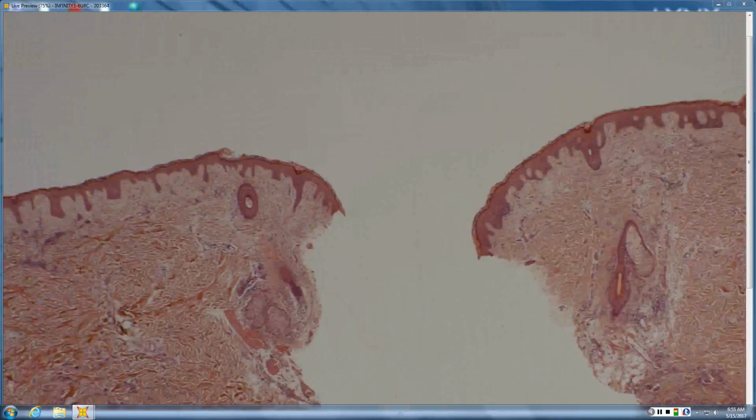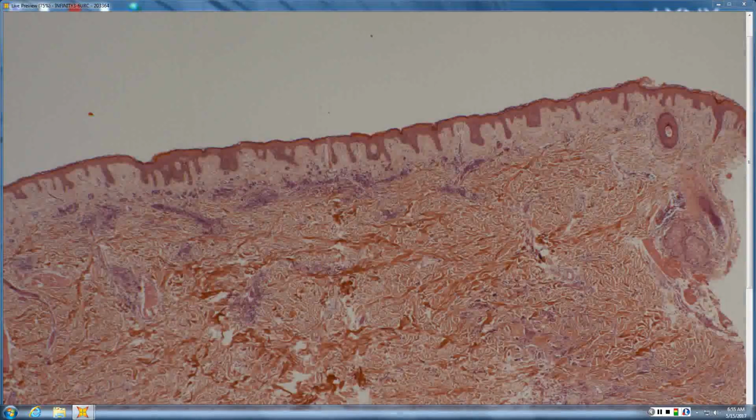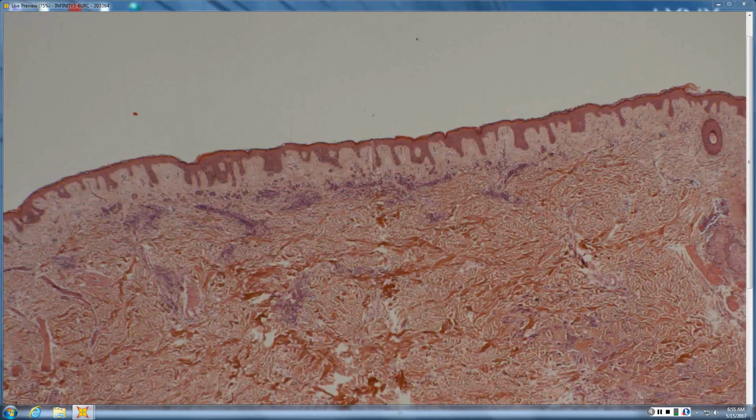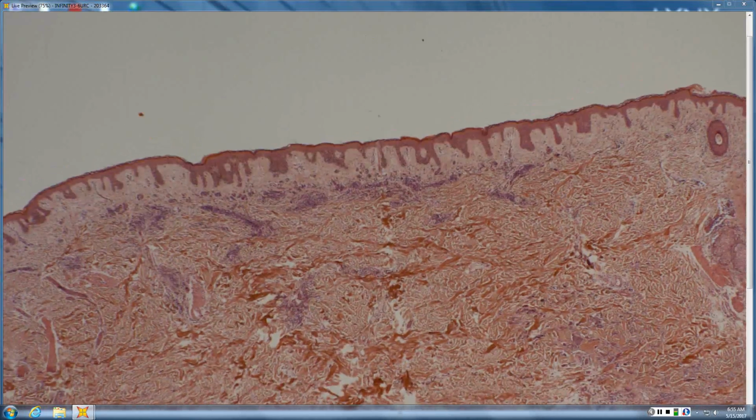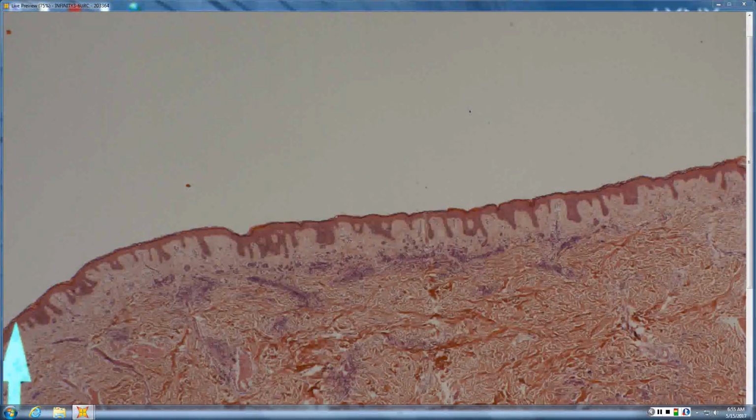This one I think came with the history too. Yeah, this one's interesting because the history was left thigh, nevus, rule out melanoma. And so if you're going through this quickly, which it's hard not to do for derm paths, you see, oh yeah, there's something up here, and maybe if you're still kind of getting your derm path goggles on, you say, oh, that maybe is inflammation, but it's not.